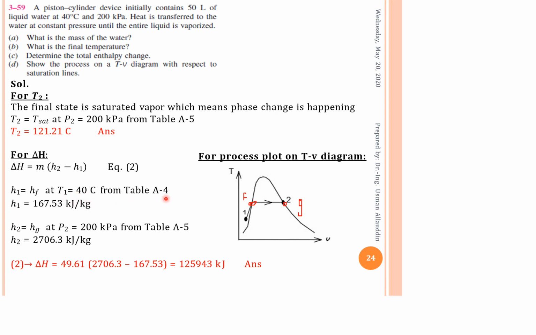By looking into table A4, we can find our enthalpy. The same goes for the H2, as this will be in saturated vapor. So at 200 kilopascal, by looking into table A5 we can find this value, and after solving this we will also get our delta H, and this is the T-v diagram for our process.